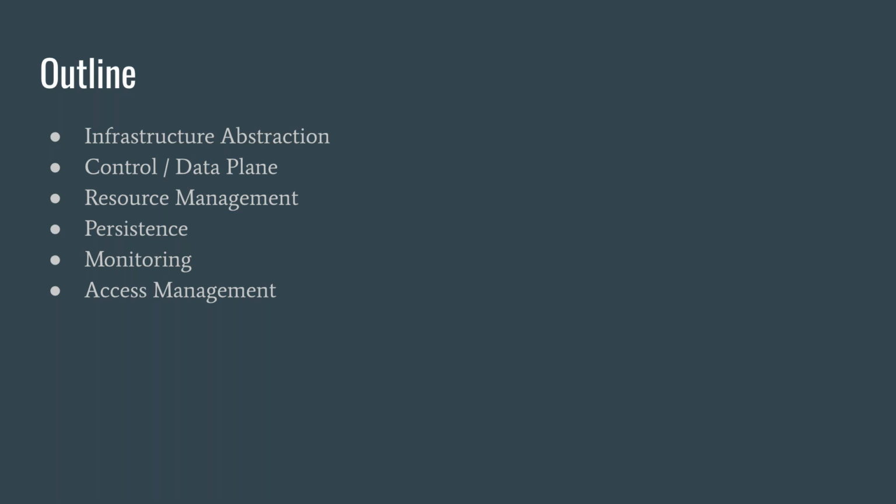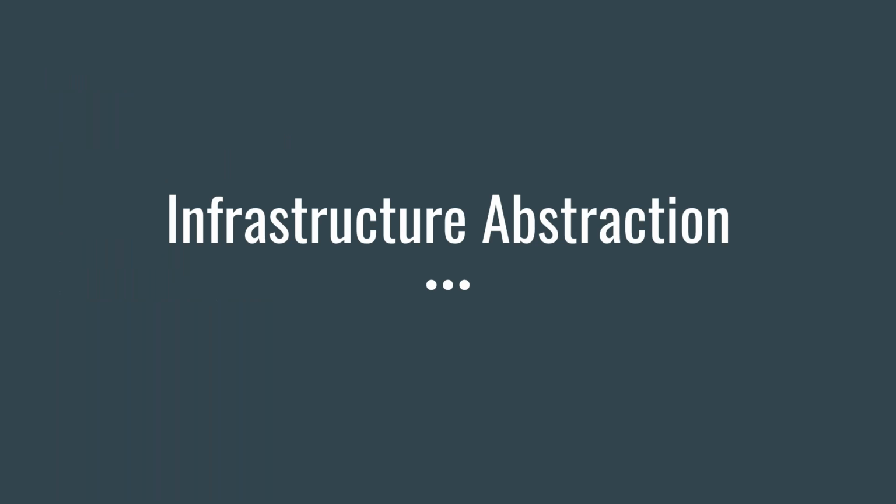Since we are trying to provide a service to the customers, we will talk a bit about the resource management also. Most of the in-memory technologies just support the persistent part, and I will mention how to do that in cloud environment. Of course, since you will have lots of customers, then the monitoring is the key part. Finally, I will show how to provide access to customers for your actual service.